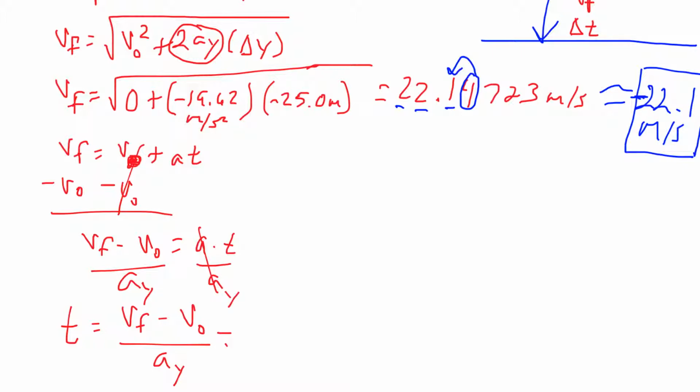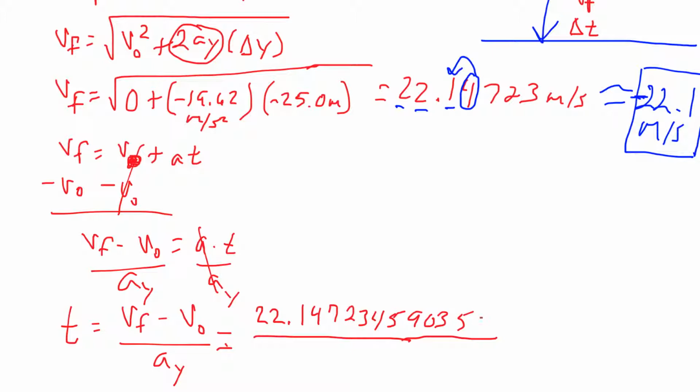Okay, so the final velocity, we have to use every digit the calculator gave us, no rounding in the middle of your question. So 22.1472345903501. That's all the decimal places my calculator gives. Minus the initial velocity was 0.